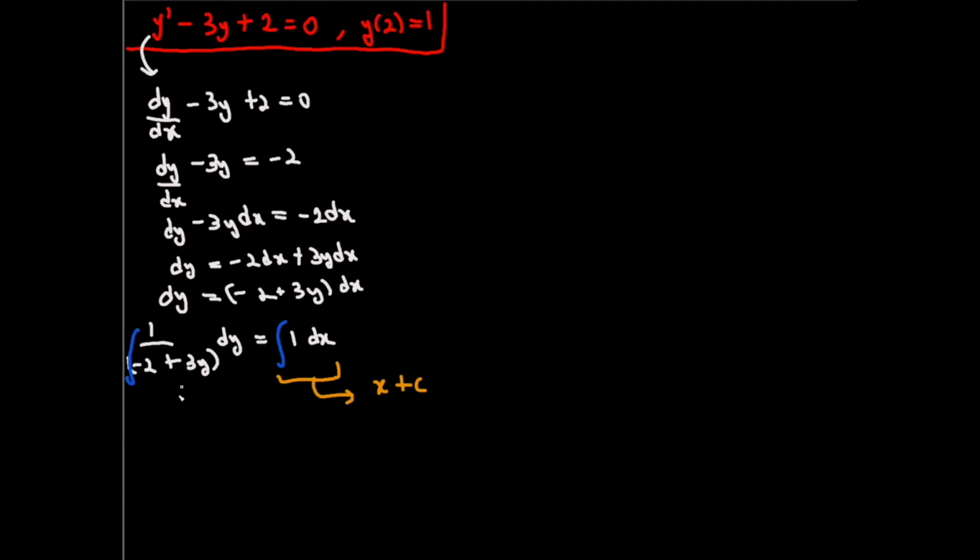Okay. Now this is a bit trickier. So now we have to do some separate integration steps for this. What is the integral of 1 over minus 2 plus 3y dy?